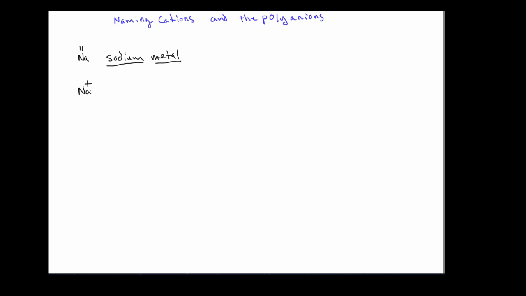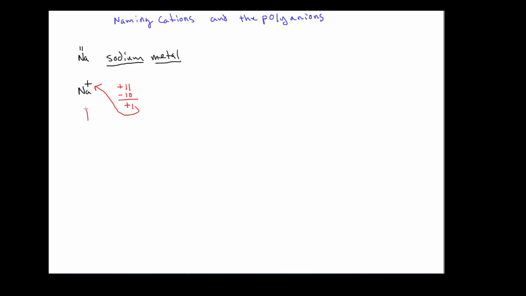So if I was to do a simple sum so I could see what that meant, I could write down the total charge from the total number of protons that sodium has, which is 11. Since this has given up one electron, then we need to add on the number of electrons that it still has, which should be 10. When you take the sum of this, you get +1. That's where the charge comes from.